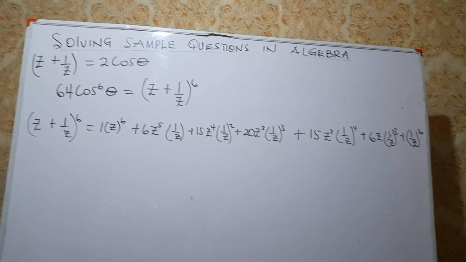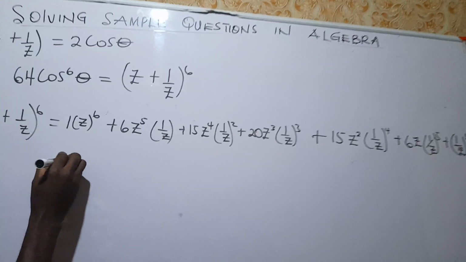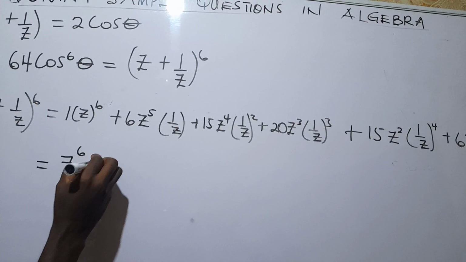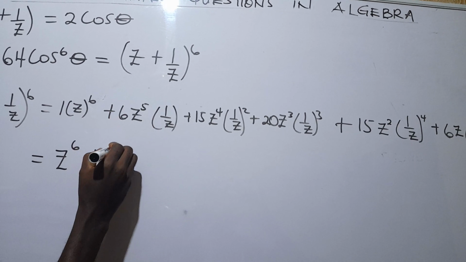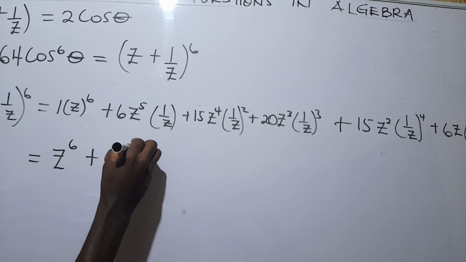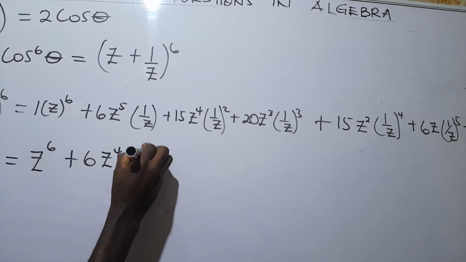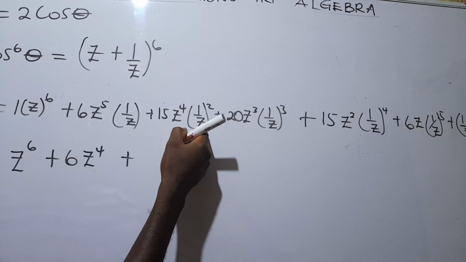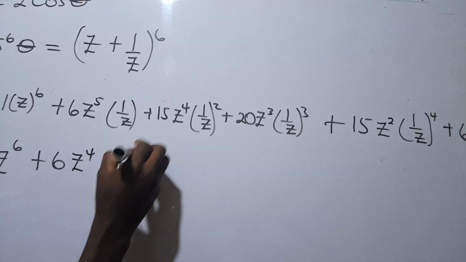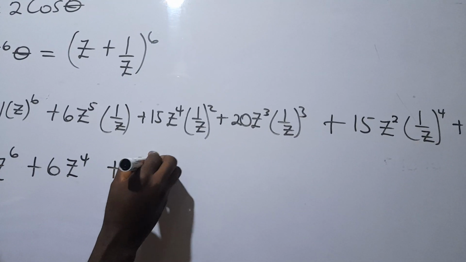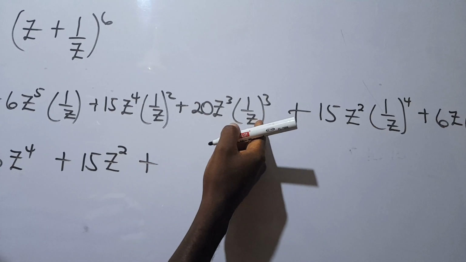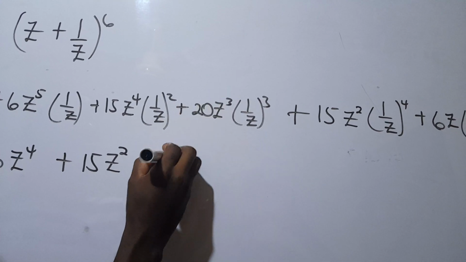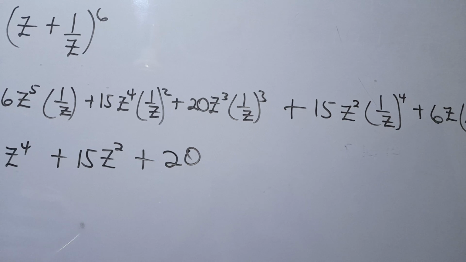So now we'll simplify this. We get z exponent 6 plus, now this z will reduce one of these z, so we have 6 z exponent 4 there. Then plus, now we have z square here. It will reduce two of these z. We have 15 z square. Plus, now we have z cube here. It will divide that, so it will be left with only 20.